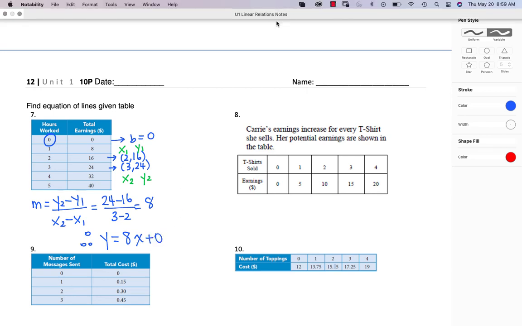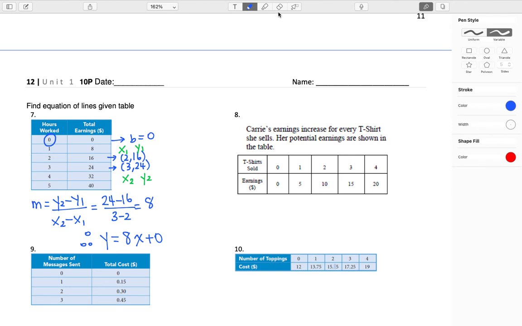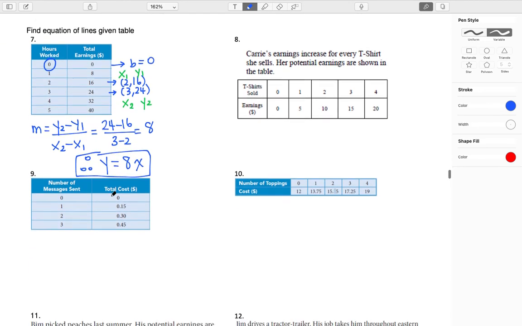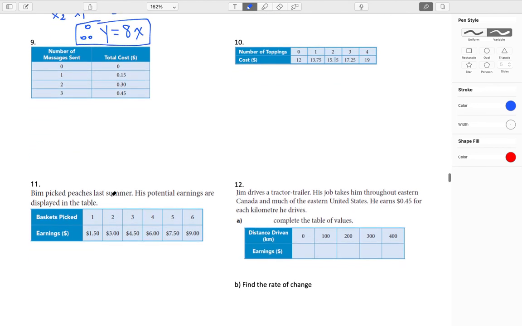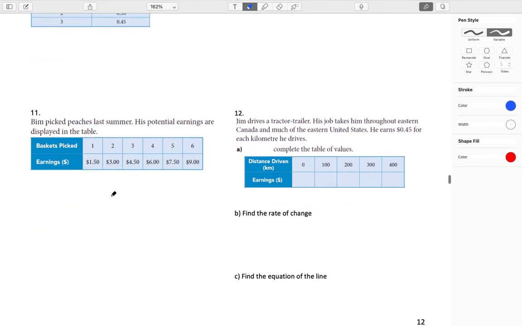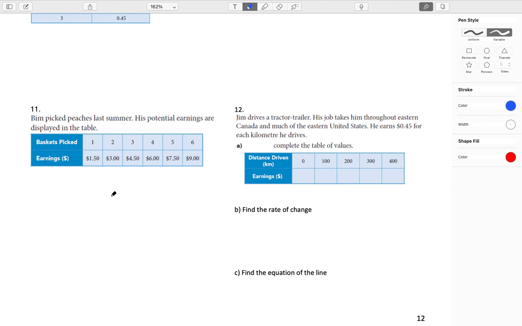But plus 0 is invisible, so let's just ignore it. And the equation from the table of values is y is equal to 8x. Okay, so you'll be doing the same pattern. Now, what if you were to be given a number 12?